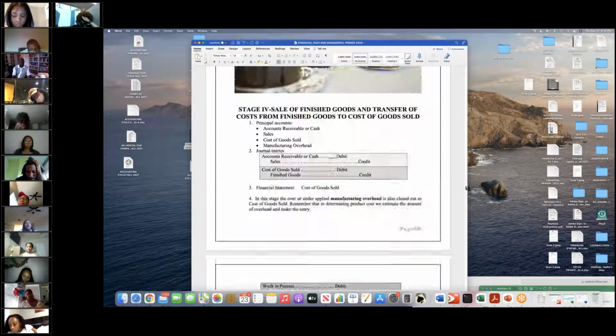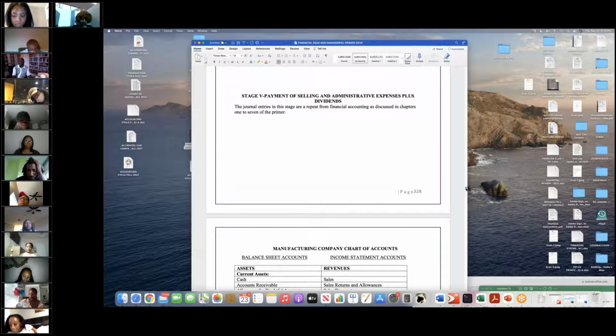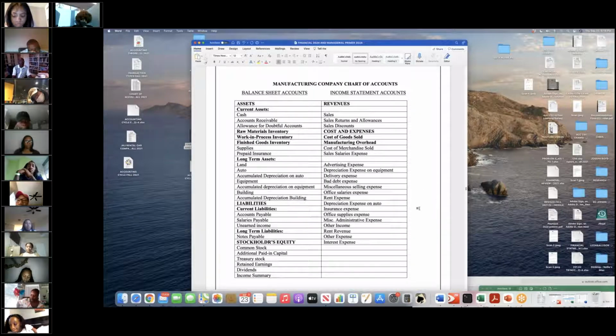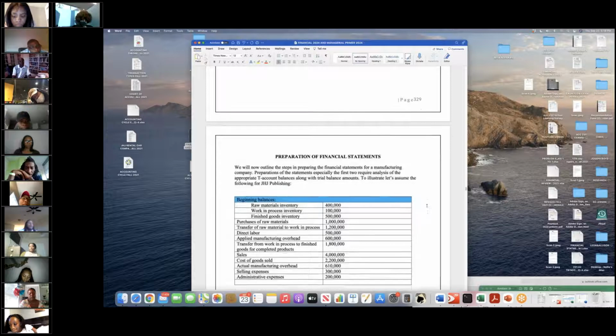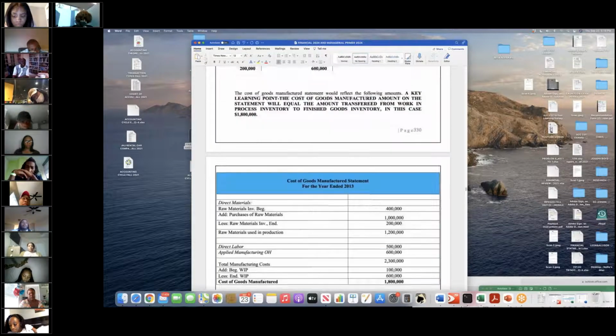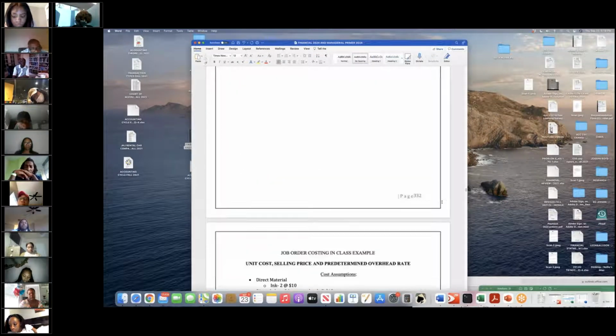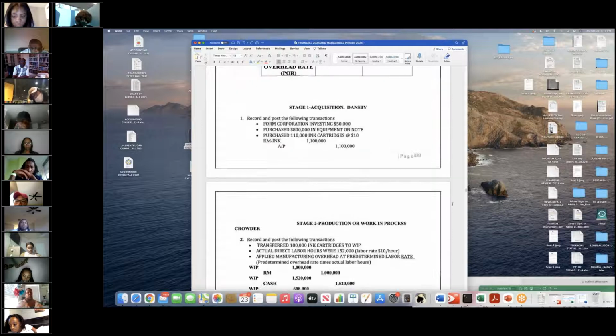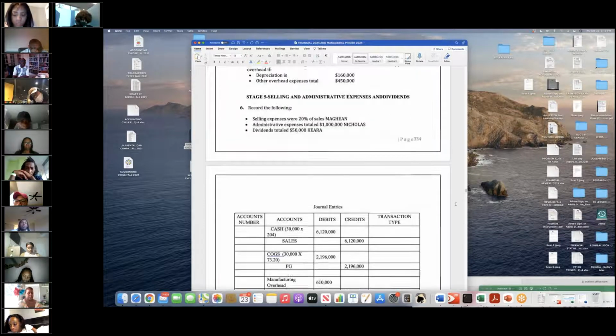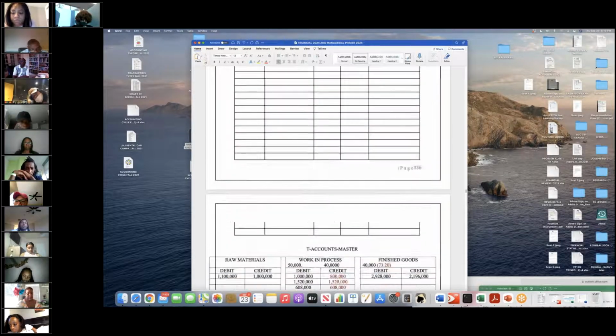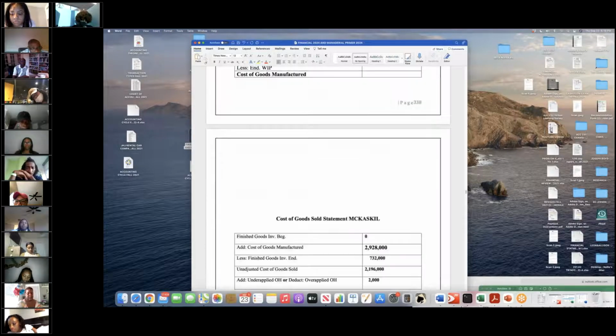If I can get to the back of this, the manufacturing chart of accounts could be a little helpful there. These are these statements. I think that's an example.